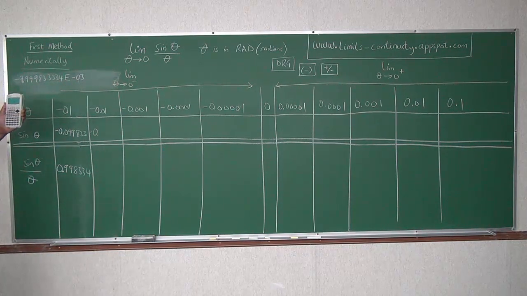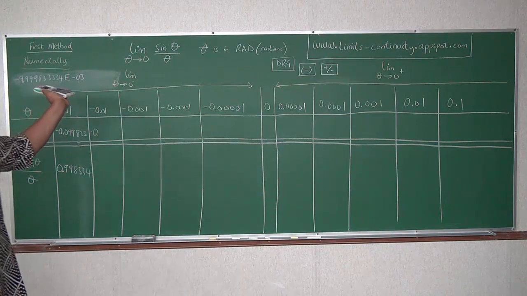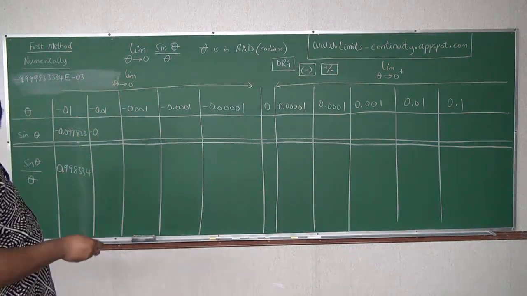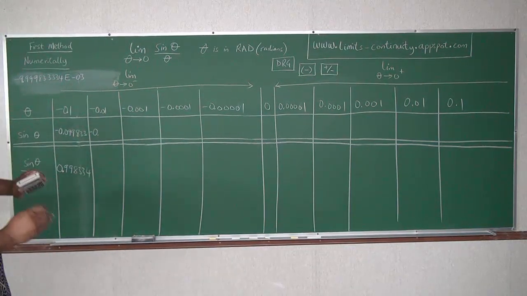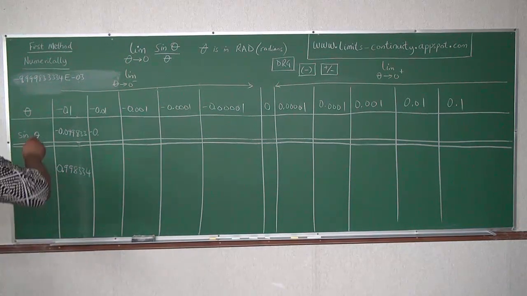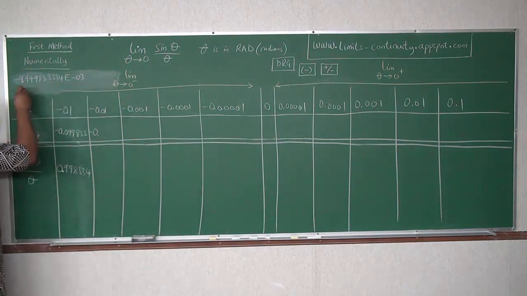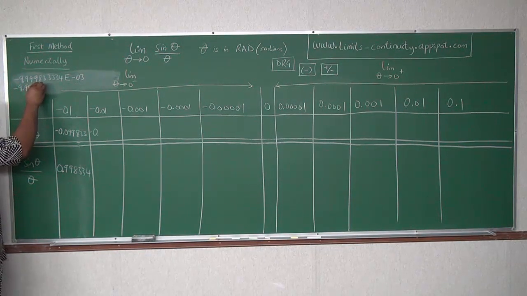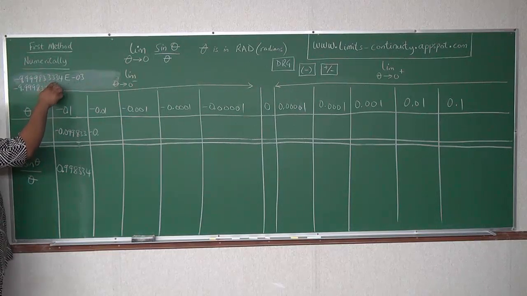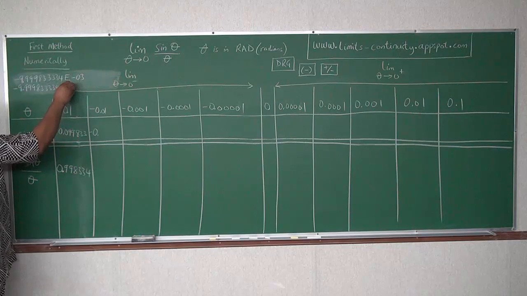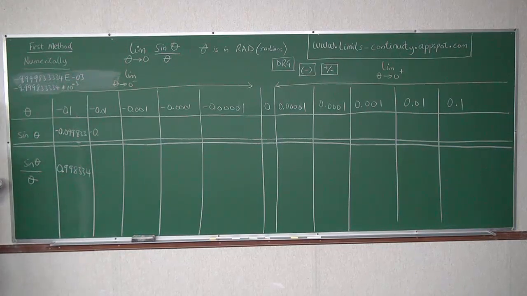So this is probably what it maybe gives you. Now if it gives you this, not a problem. This means negative 9.9998333 times 10 to the negative 3. That is what this means.